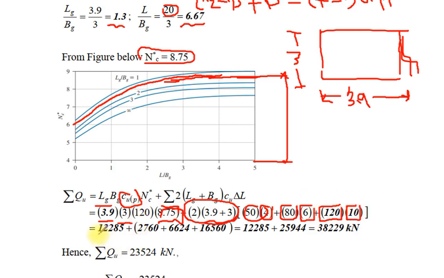Then you get the point resistance equal to 12,285, and QS equals 2,760, 6,624, 16,560, equal to 25,944.